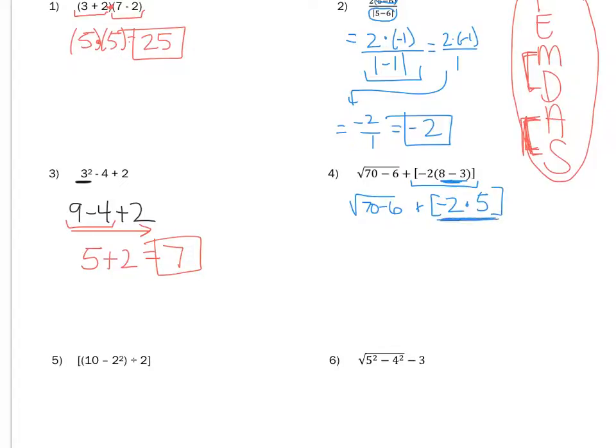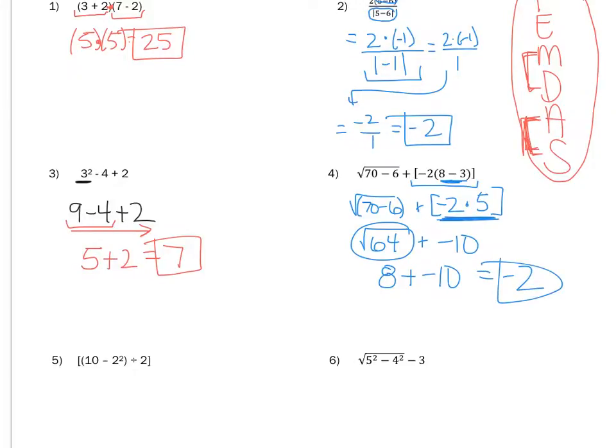Now I'm going to do what's inside the parentheses. I also want to simplify what's inside this grouping right here. So I'm going to rewrite that to be the square root of 64 plus negative 2 times 5, which is going to be a negative 10. Well, the square root of 64 is going to be 8 plus a negative 10. We end up getting a negative 2 as my solution.